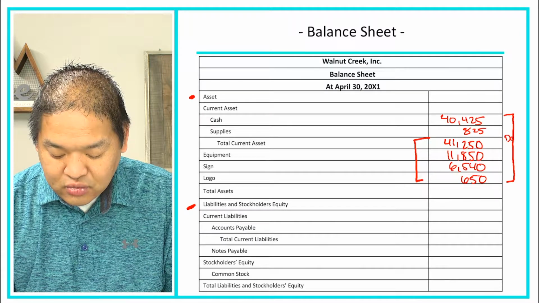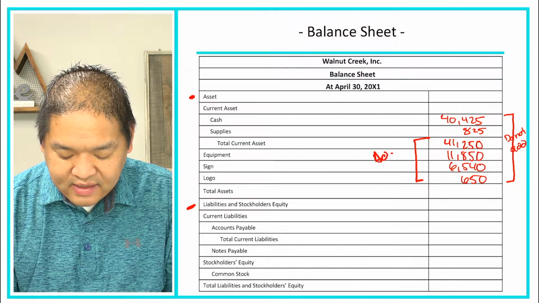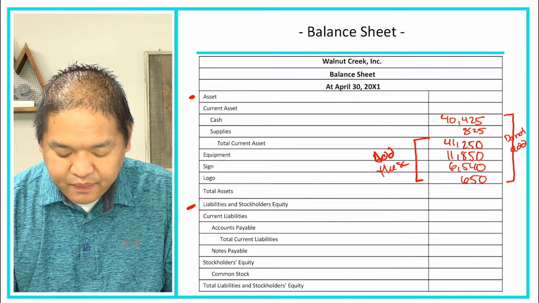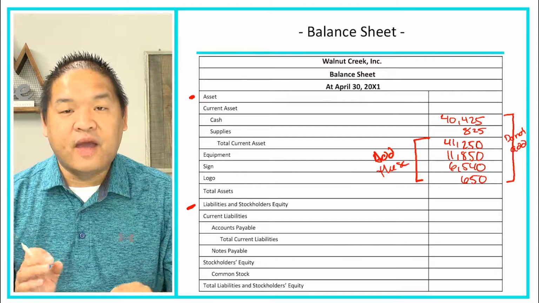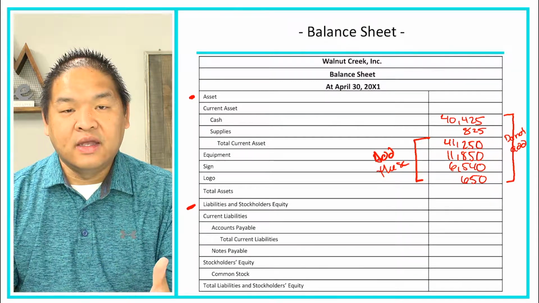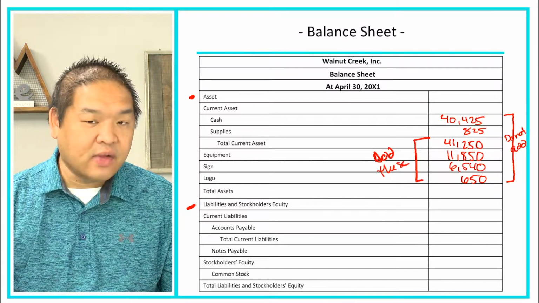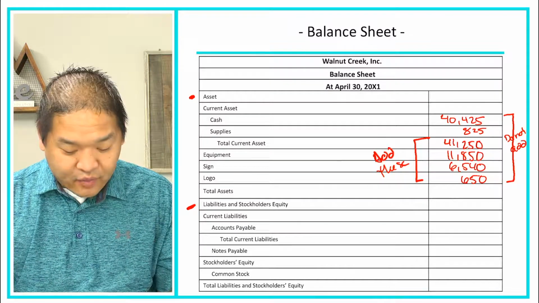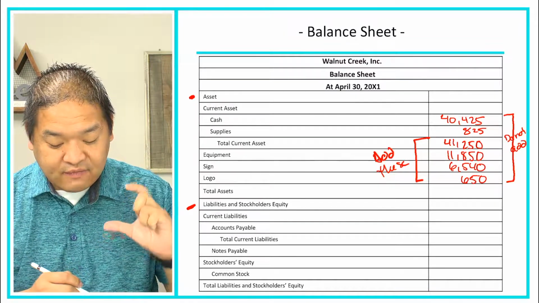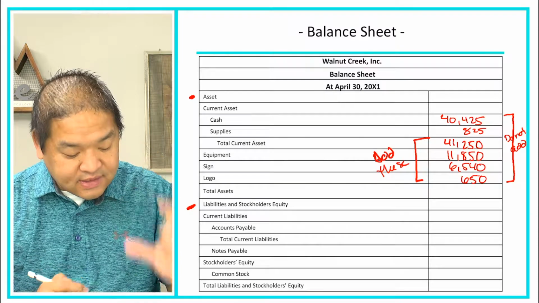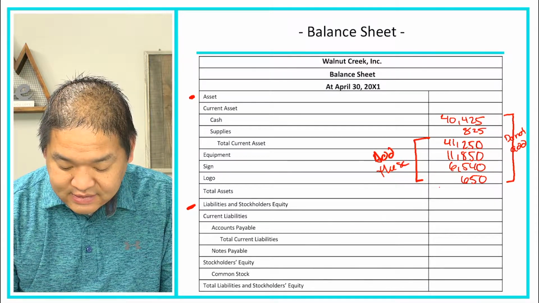So do not add these, because if you add up the $40,425 and the $825, you're going to duplicate your numbers. And that's going to give us an inflated total asset that we shouldn't have. So if I add up those four numbers, the $41,250, $11,850, $6,540, and $650, we should get $60,290.